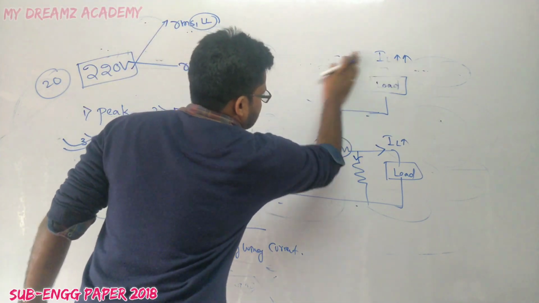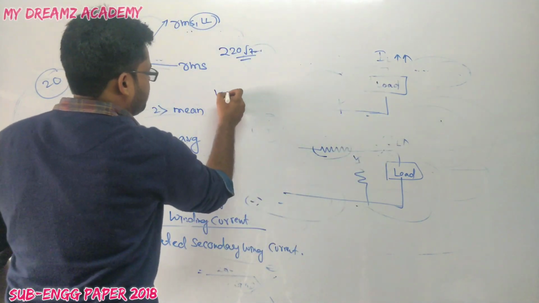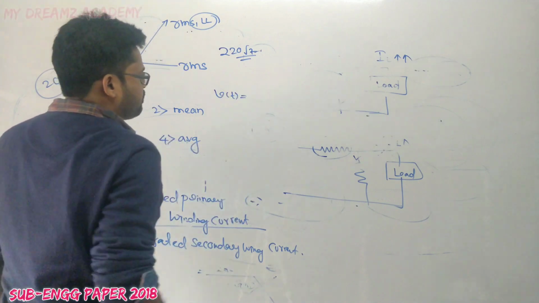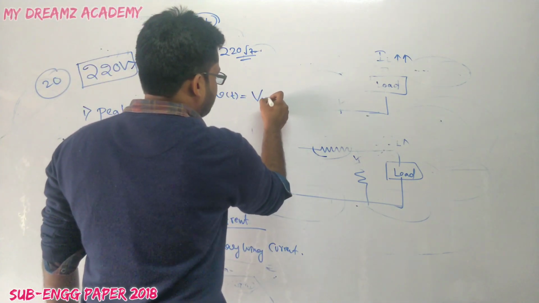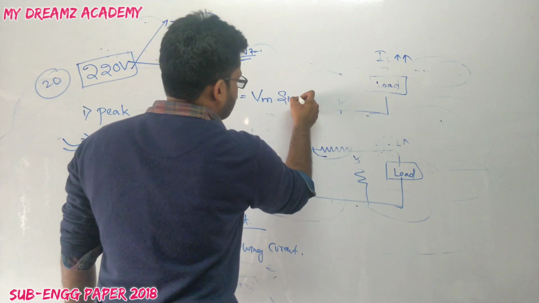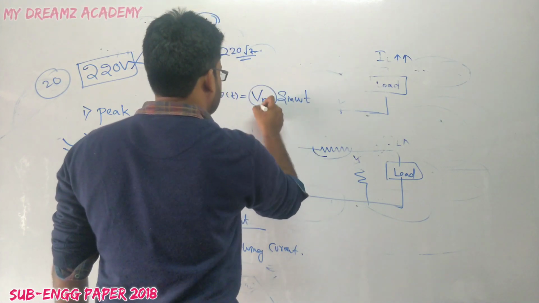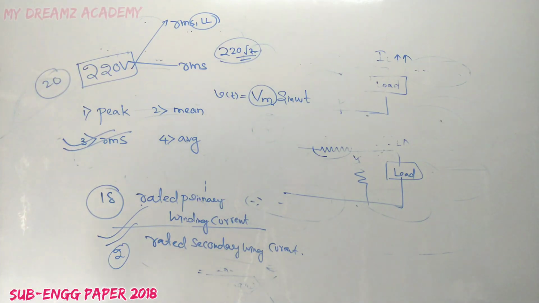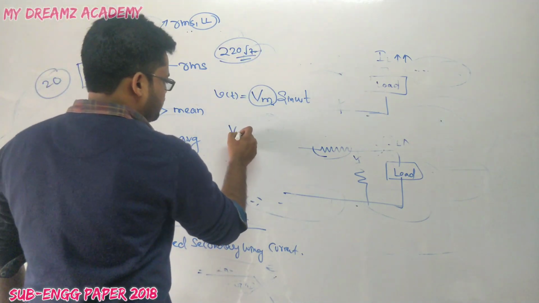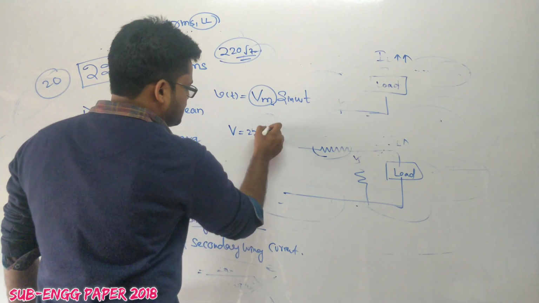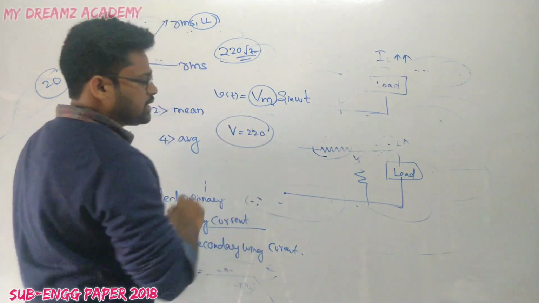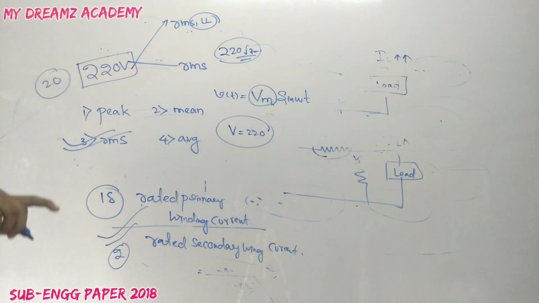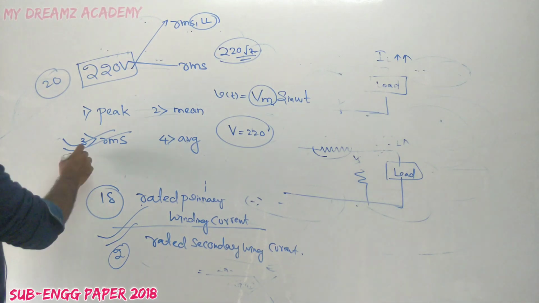So the instantaneous value representation is v(t) = Vm sin omega t. This Vm value is nothing but 220 into root 2. If it is given V equals 220 volts, this is the RMS value, not a peak value, not an average value. So option 3 is correct.